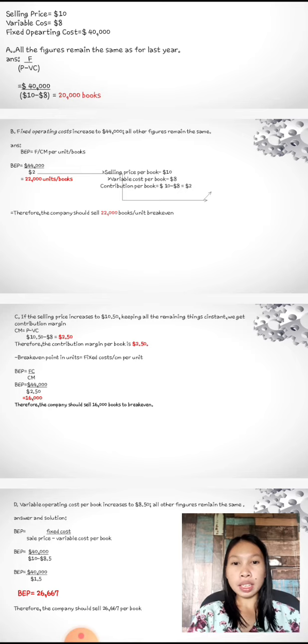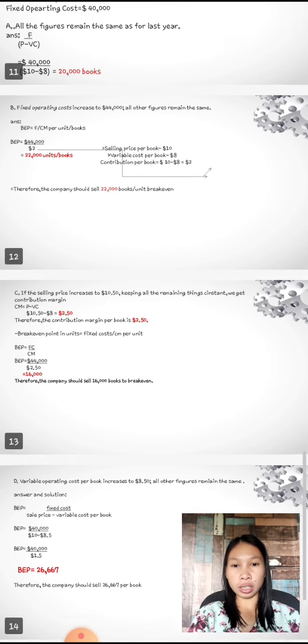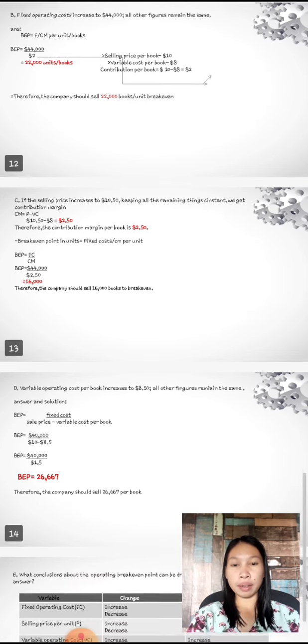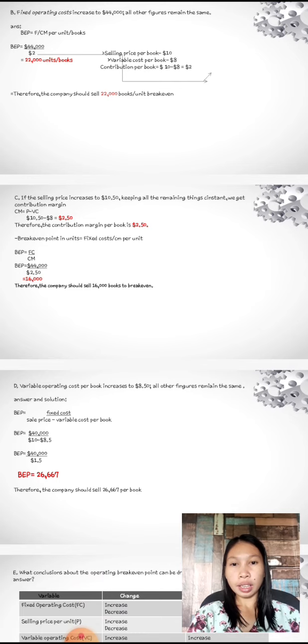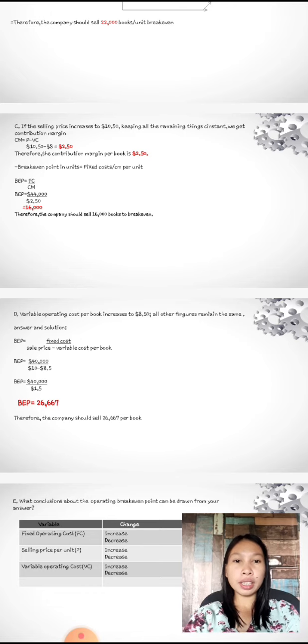The selling price per book is $10, the variable cost per book is $8, and the contribution margin per book is $10 - $8 = $2. Therefore, the company should sell 22,000 books to break even. In C, if the selling price increases to $10.50, keeping all the remaining things constant, we compute the contribution margin.